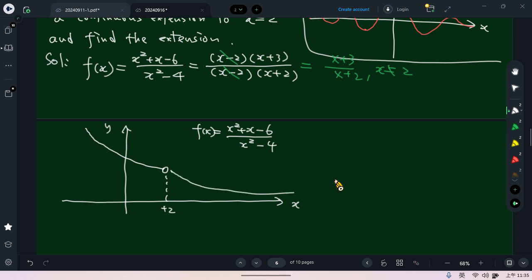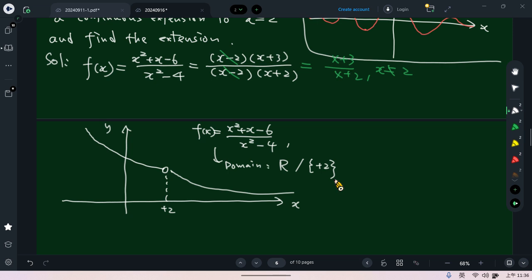Originally its domain will be R, but exclude positive 2, right?